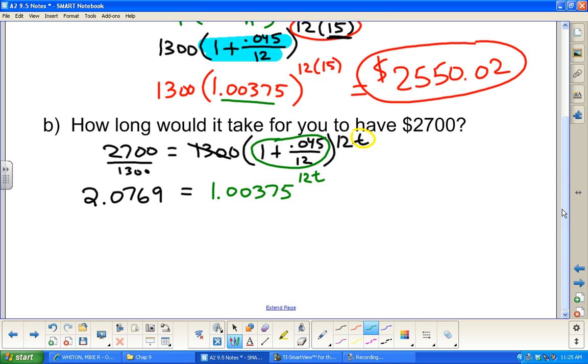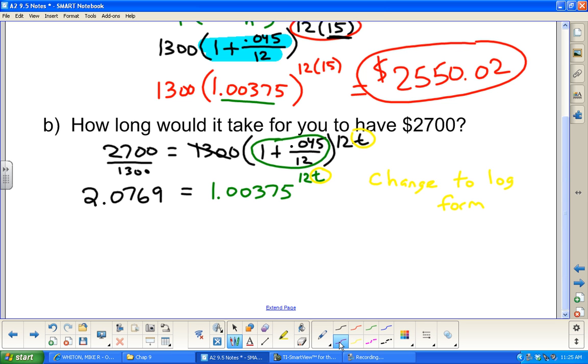That 1.00375 is the base. That's the thing raised to a power. So what we need to be thinking now is, since your variable is part of an exponent, that's where logarithms help us. Let's change this to log form and see if we can finish it out that way.